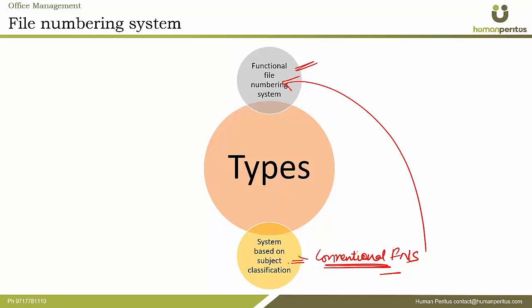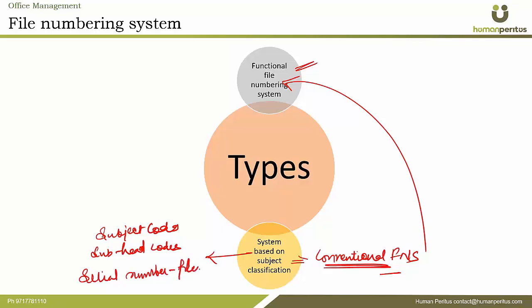Now there are certain parts which are used under this file numbering system. As we read, there were basic heads. So here there were some subject codes, then the subhead codes, the serial number given to the files which were opened, and then the year in which the file was opened.